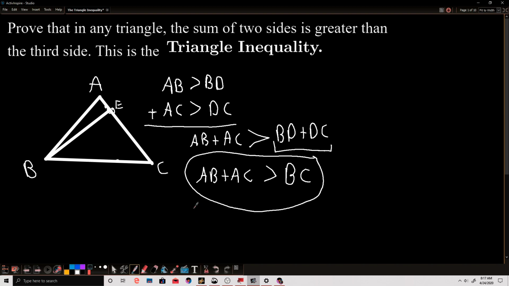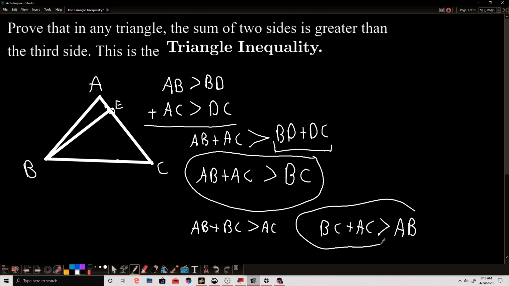So the other inequalities we would end up getting through this same method would be that AB plus BC is strictly greater than AC. In addition to that, we would also have that BC plus AC is strictly greater than AB.